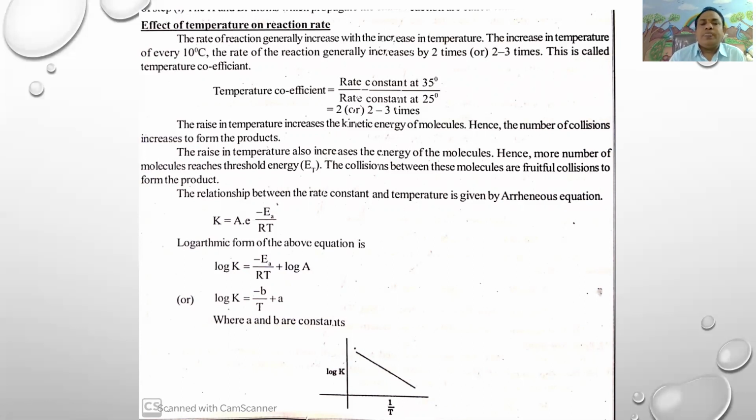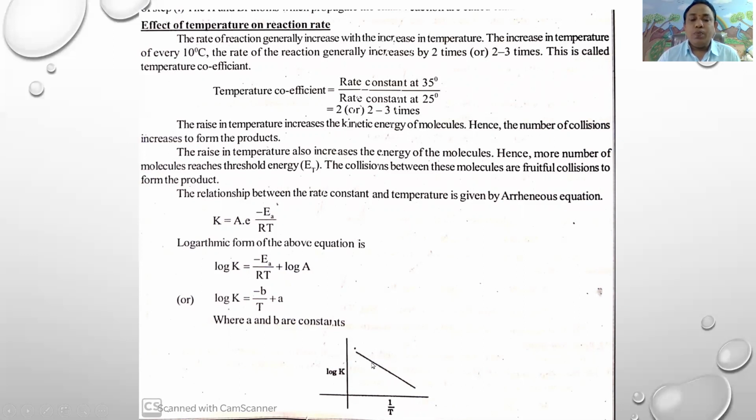That is, the Arrhenius equation, K equal to A into e to the power of minus EA by RT. Taking logarithm on both sides, log K equals minus EA by 2.303 RT plus log A. It is similar to the general equation y equals mx plus c. While plotting the graph between log K versus 1 by T, a straight line with negative slope is obtained.